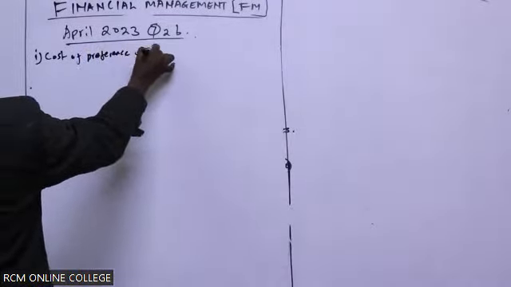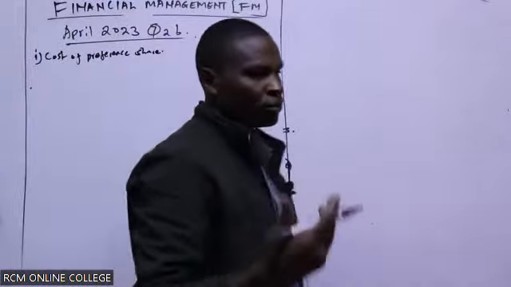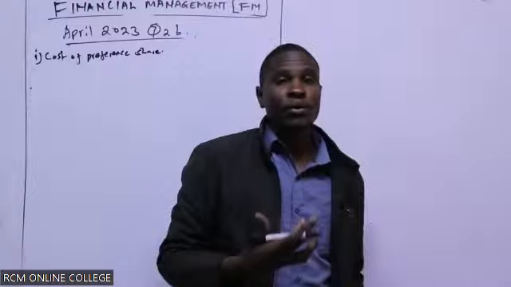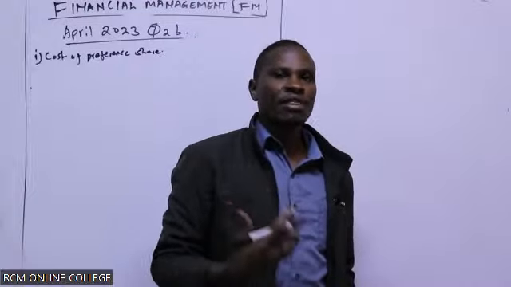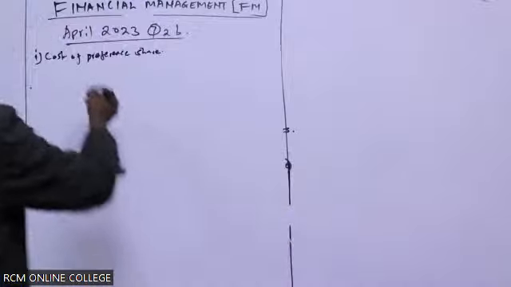I told you that the important thing under financial management is for you to know the formula. Now, can you give me the formula of our KP? Please remind me.